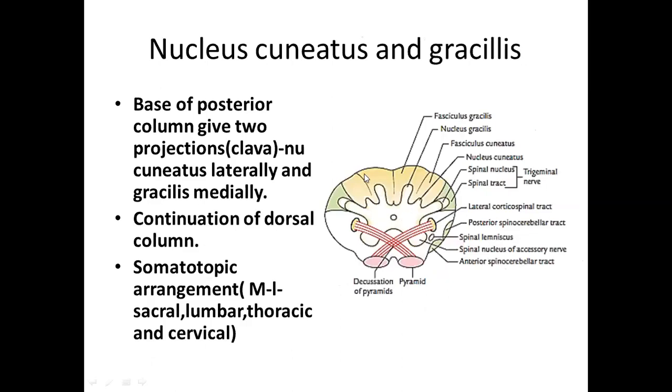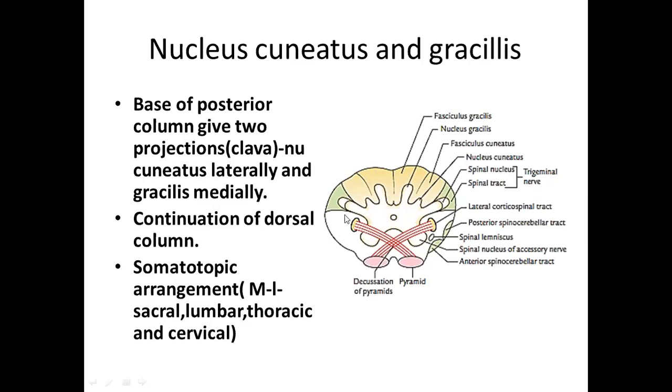So firstly, we will be discussing the nucleus cuneatus and the nucleus gracilis. The base of the posterior column gives two projections, the nucleus cuneatus laterally and the nucleus gracilis medially, which I've already told you. They carry the sensation of discriminative touch, conscious muscle sense, position and vibration.